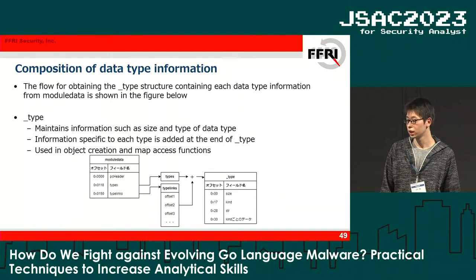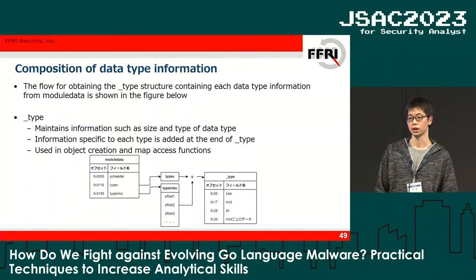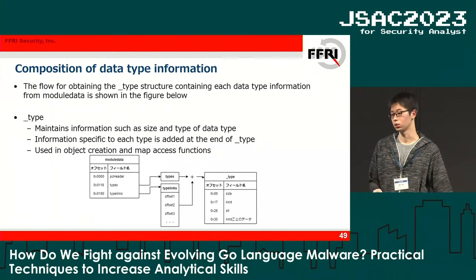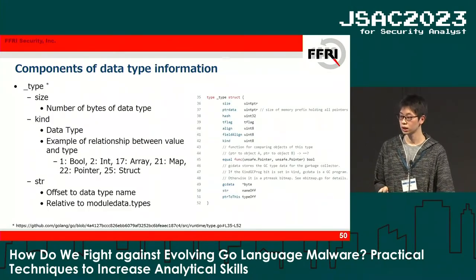Next, the data type information. _type is a structure to express data type, and _type, as mentioned, is used for interface or map operations as type information.